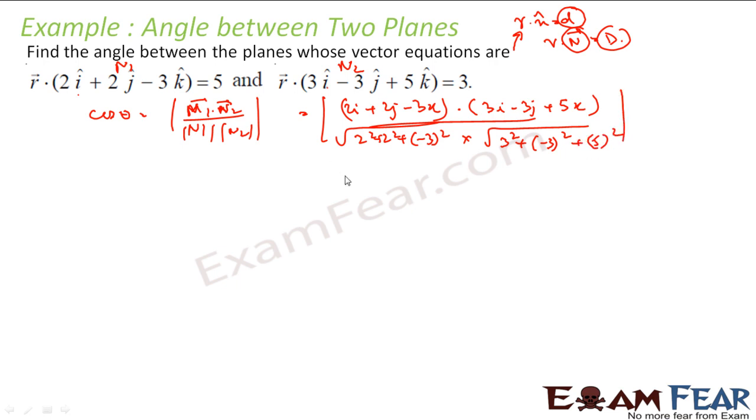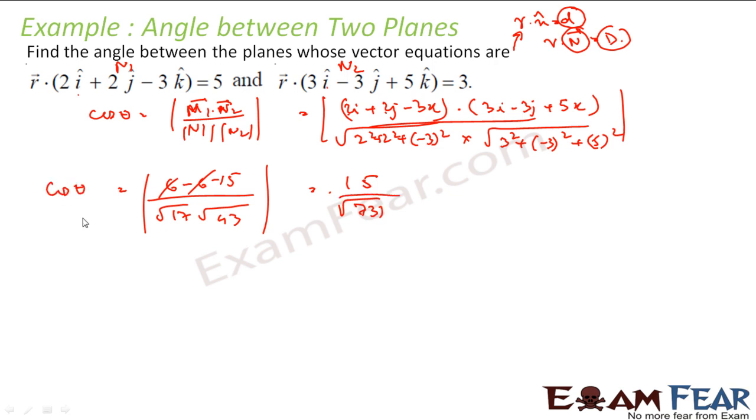And the mod of this becomes 2 into 3 is 6, 2 into minus 3 is minus 6, and then 3 into 5 is minus 15, by root 17 into root 43. Mod of this gone, so that is 15 by root 731. This is my cos theta. So my theta is nothing but cos inverse of 15 by root 731. And that is my answer.